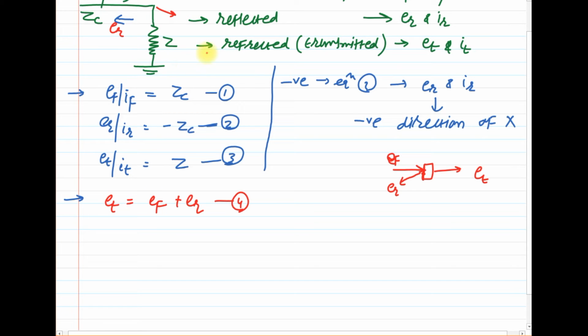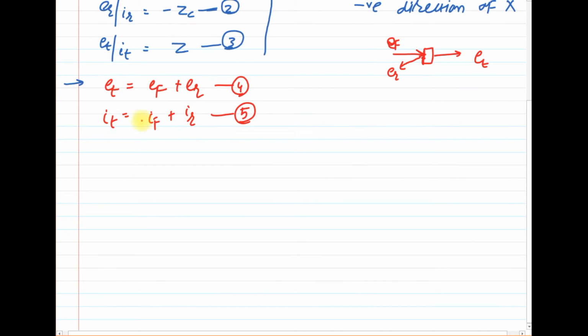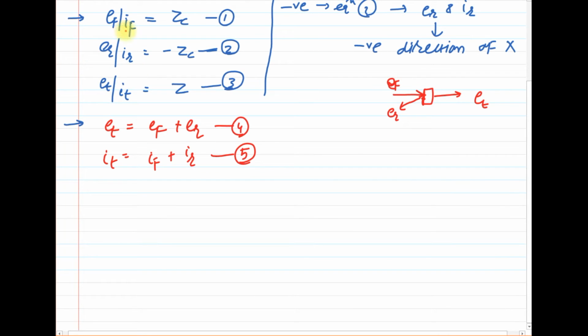Next one, similarly, we can write the equation for IT, which is the transmitted current, equal to IF plus IR. Similarly, as we have written over here in equation 4 for the voltage wave, same way we can write for the current wave. Now, next is substitute the value of IF, IR and IT from the equation number 1, 2 and 3 into this equation number 5.